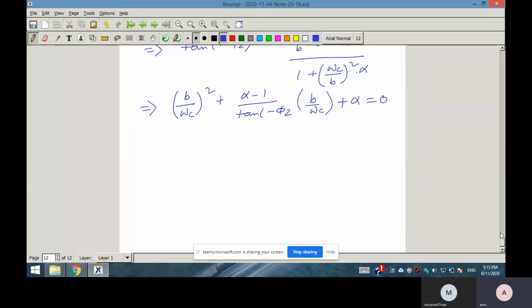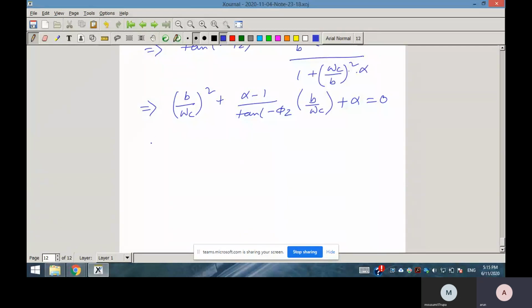So that's why omega c is much greater than b. That means b is much smaller than omega c. Also, b is real, of course, a positive real solution.